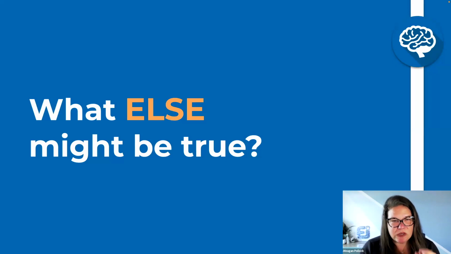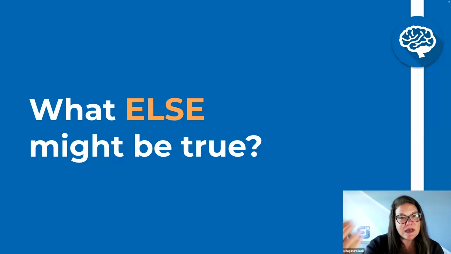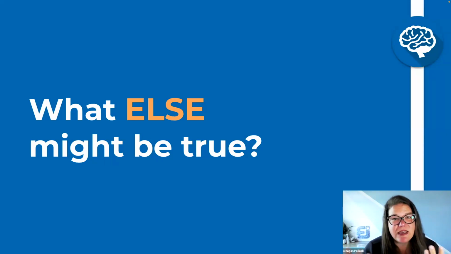So when we decrease our focus on what is wrong, that's deficit-based thinking, and we increase our focus on what is right or what else might be true, that's asset-based thinking, we build trust, we strengthen relationships, and we increase outcomes.